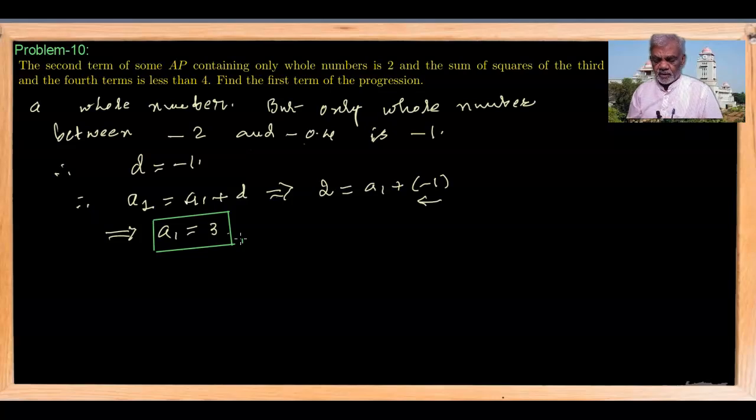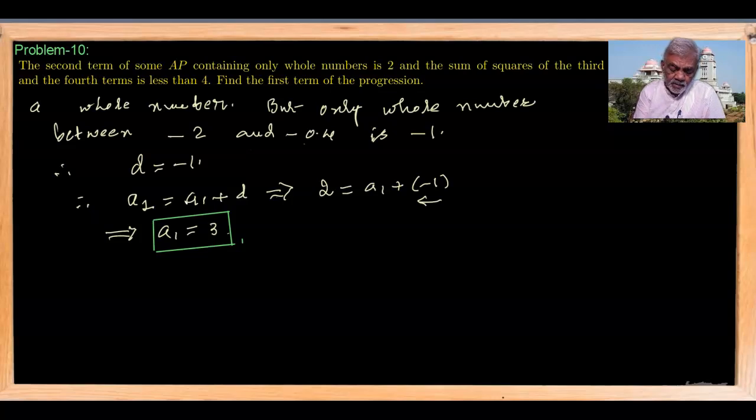Of course, they have not asked for all the terms of the AP, but we can write them down with the help of A2, the common difference and the first term. It is very easy to write down.